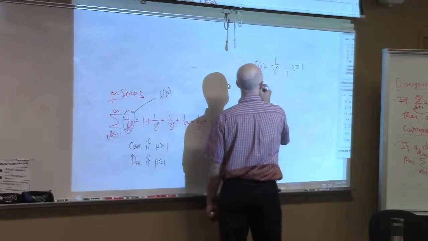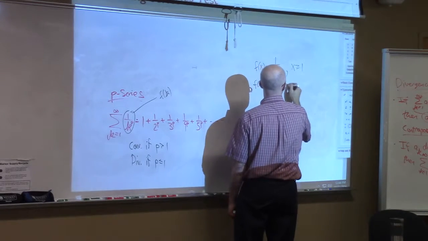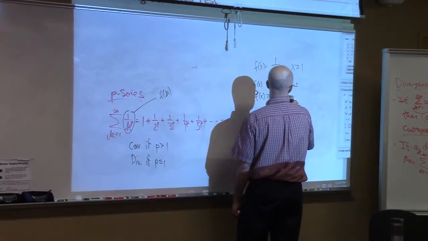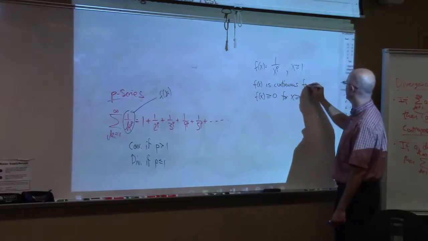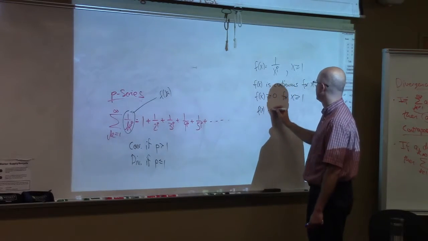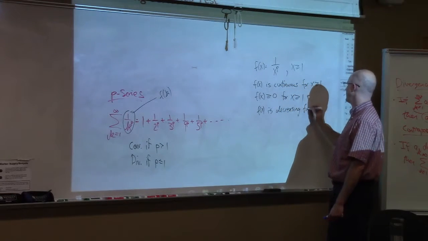This function is continuous. It's also non-negative, greater than or equal to 0, for x greater than or equal to 1. And it's decreasing, also for x greater than or equal to 1.